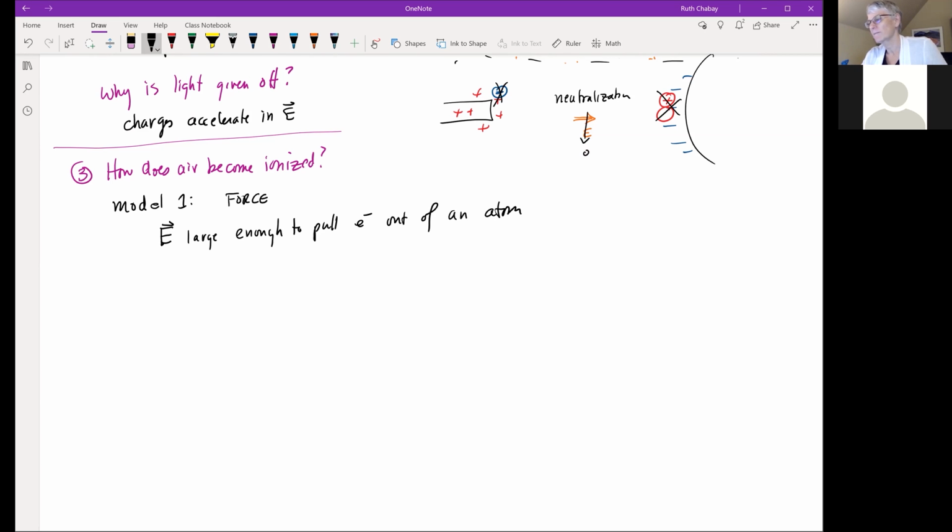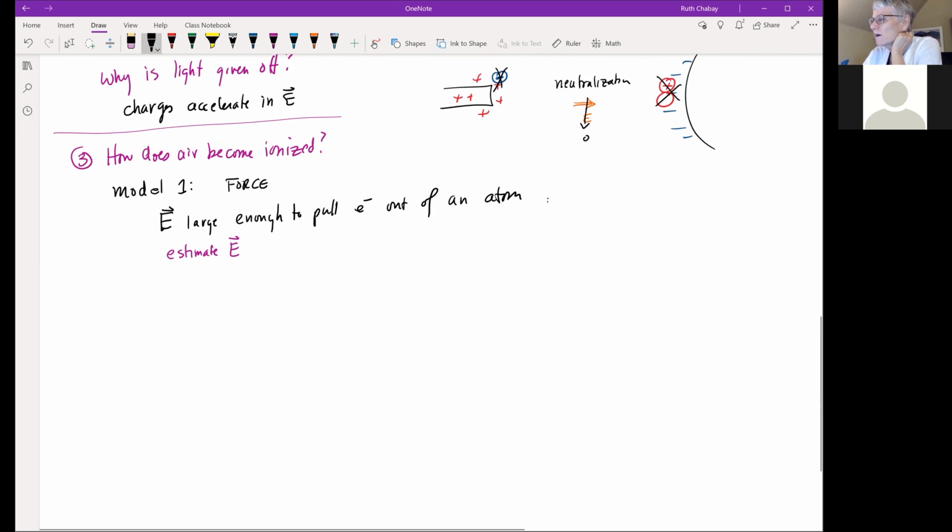Well, can we estimate how big this field would be? So think for a second about how you might make a rough estimate of how big a field you'd need to pull an electron out of an atom.